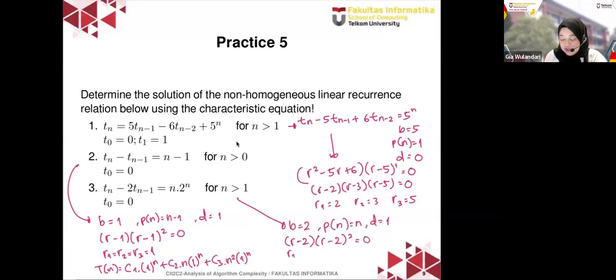So we will have r1, r2, and r3 equals to 2. So Tn will be C1 2 to n plus C2 n 2 to n plus C3 n squared 2 to n. And you will do the rest to find C1, C2, and C3. Any question?